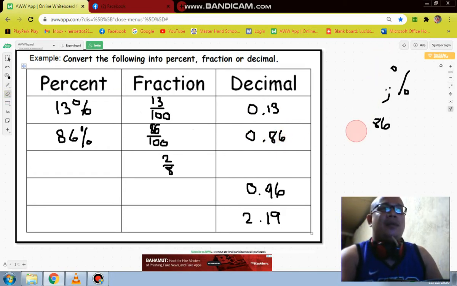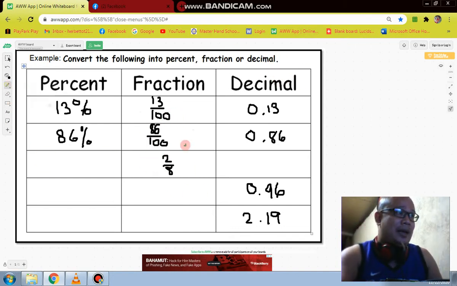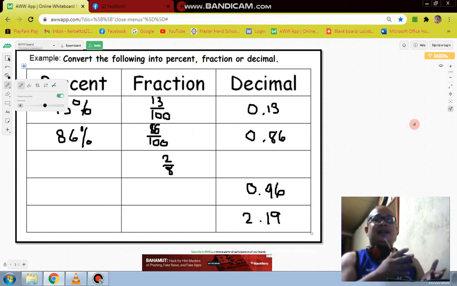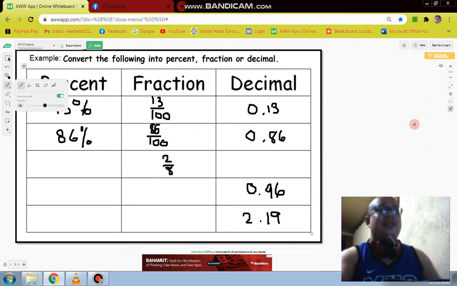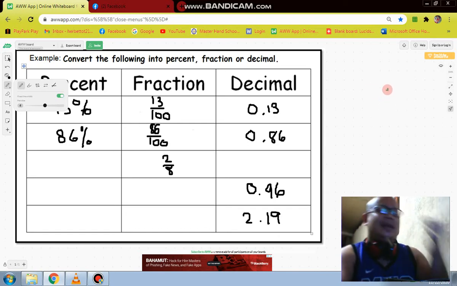How about fractions that we are going to convert into percent, but the denominator is not 100? Like in our example, 2 over 8. The denominator is not 100, so how do we convert it into percent? First, convert that fraction into a decimal using the division method.